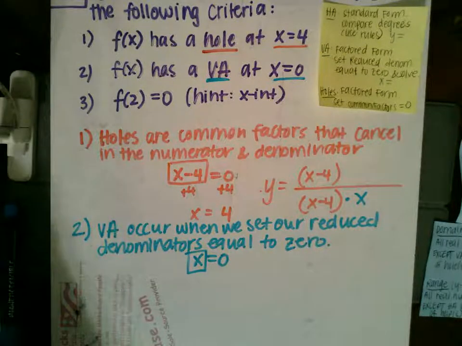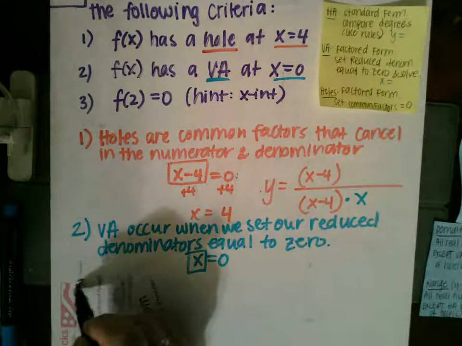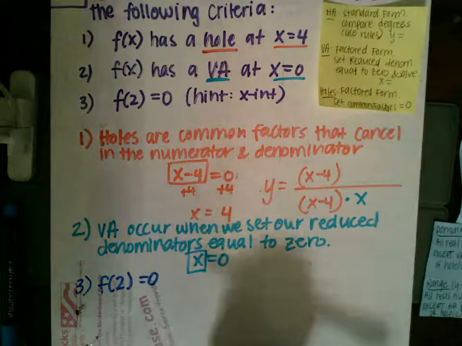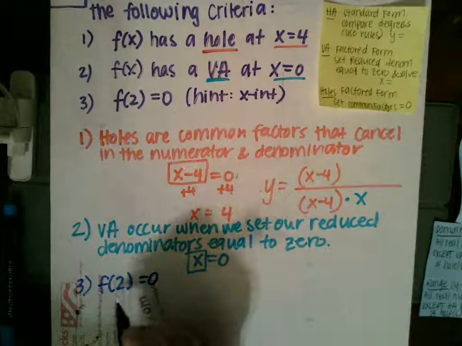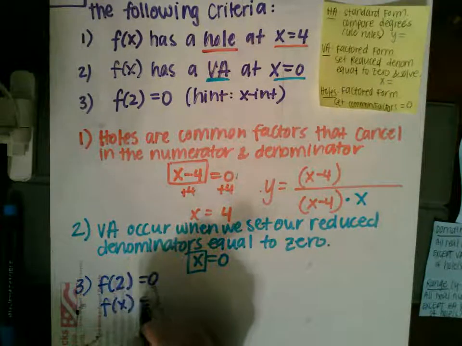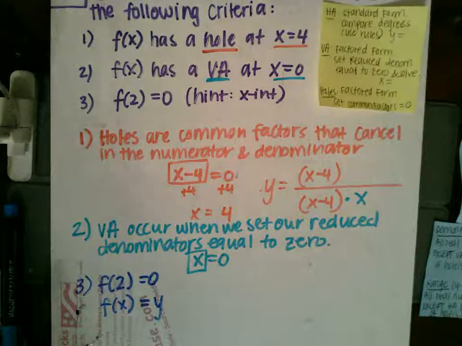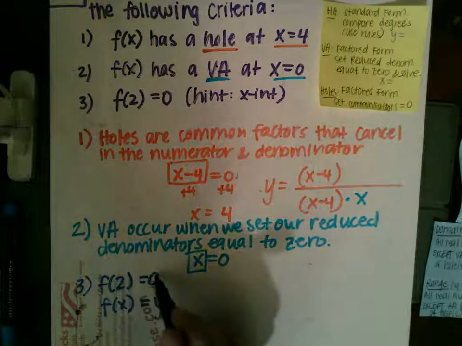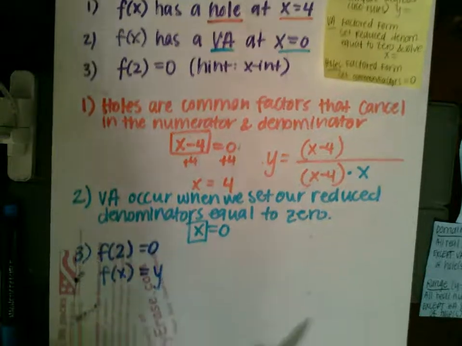Now lastly, it says f of 2 is equal to 0, and the hint is that it's an x-intercept. Remember, normally we have f of x is equal to y. Like our equation, f of x is equal to y. This number is always our input. This value is always our output, going back to function notation for a quick second.